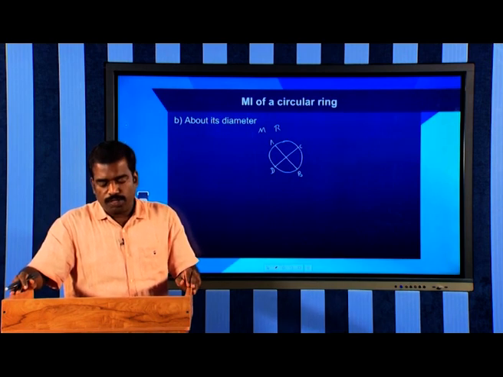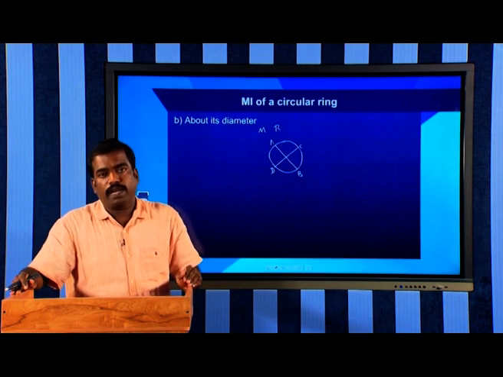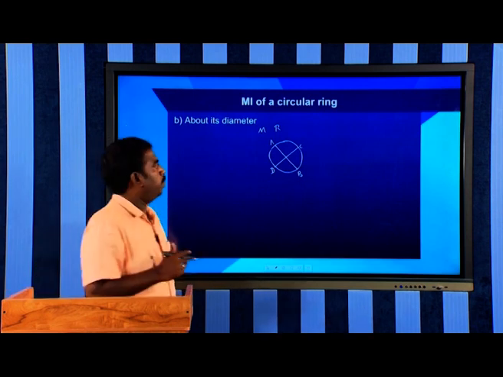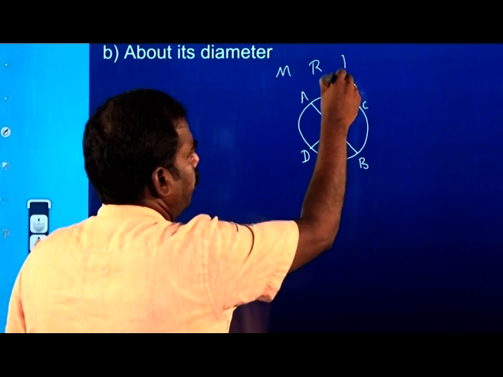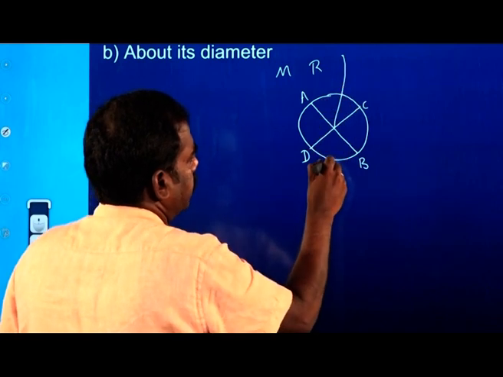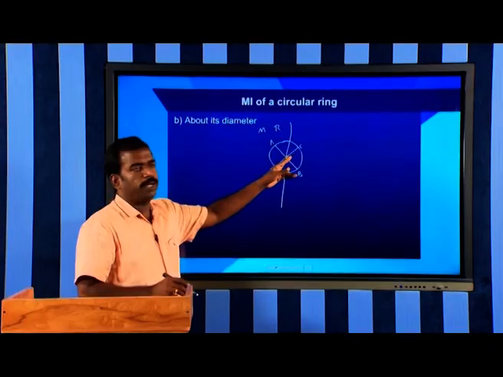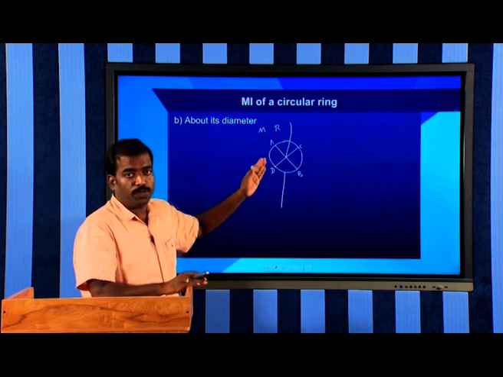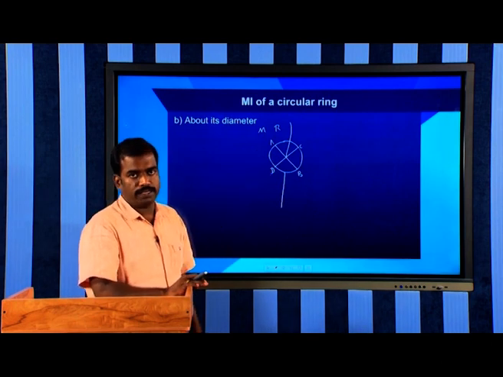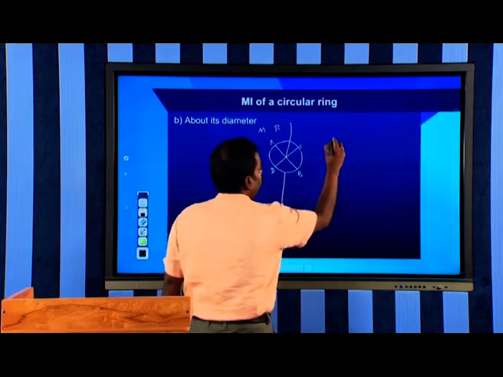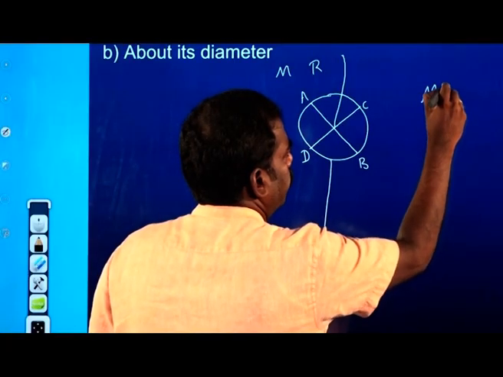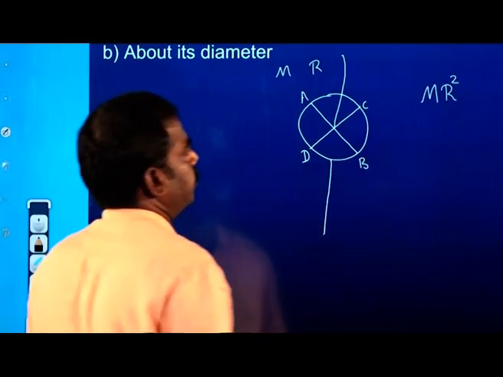For this, we need to use the perpendicular axis theorem, because we know the moment of inertia of the same ring about an axis passing through its center and perpendicular to its plane, which is the moment of inertia of the ring about the perpendicular axis. It is given by capital M R square.